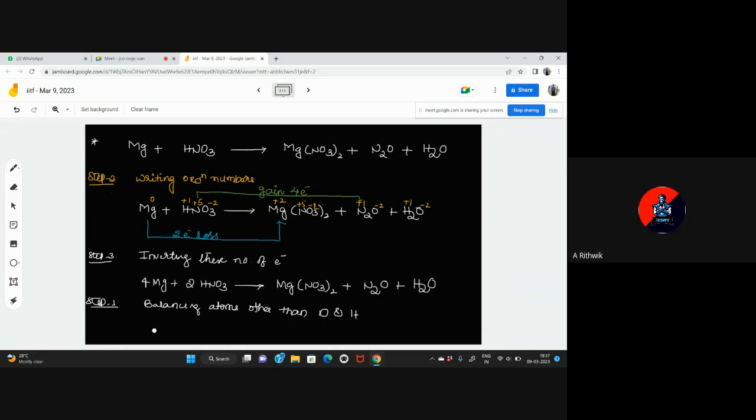Why only oxygen and hydrogen? Because oxygen and hydrogen we will balance last, since only these two basically involve oxidation and reduction. That's why.